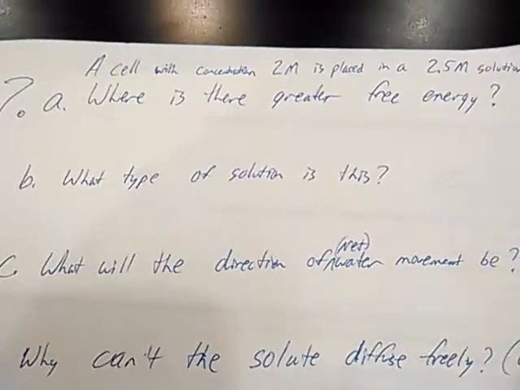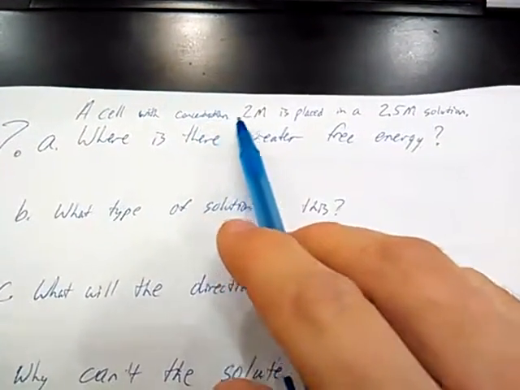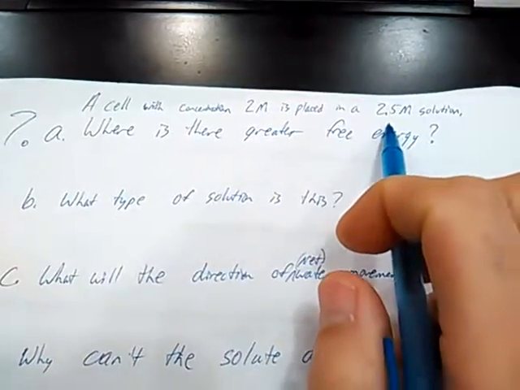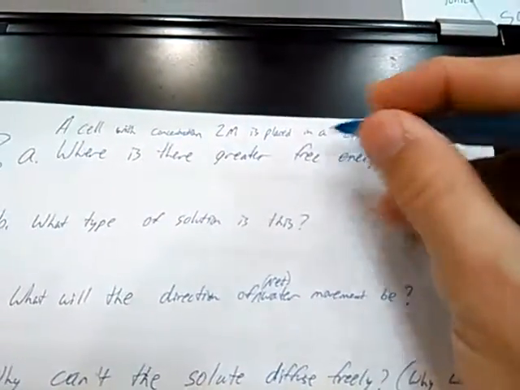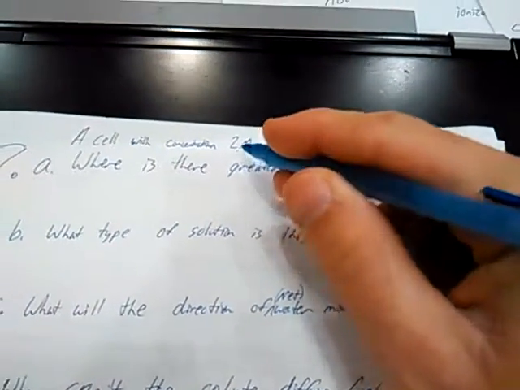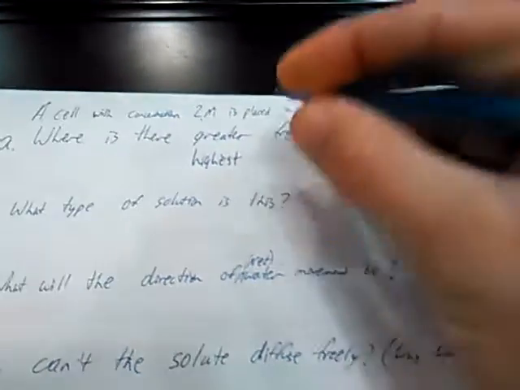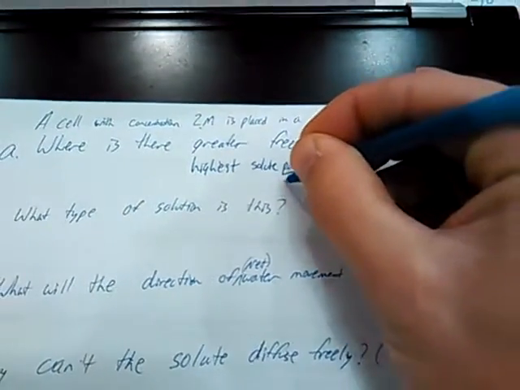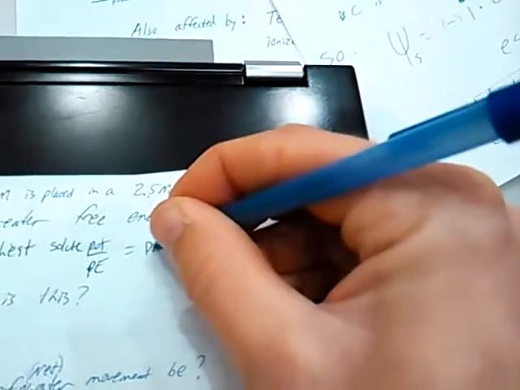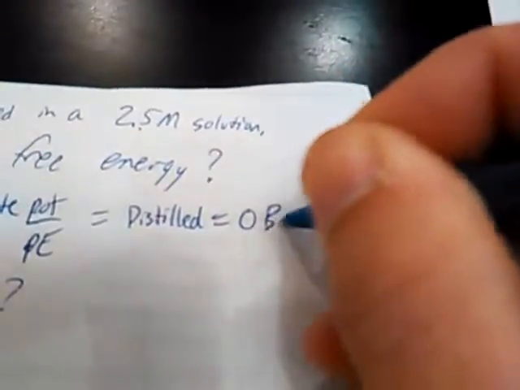Number 7, where is the greater free energy if we've got a cell with concentration 2 molar versus a 2.5 molar solution? This is higher concentration, lower concentration. And we said that the highest solute potential, which is like potential energy, would be distilled water, which would be 0 bar.